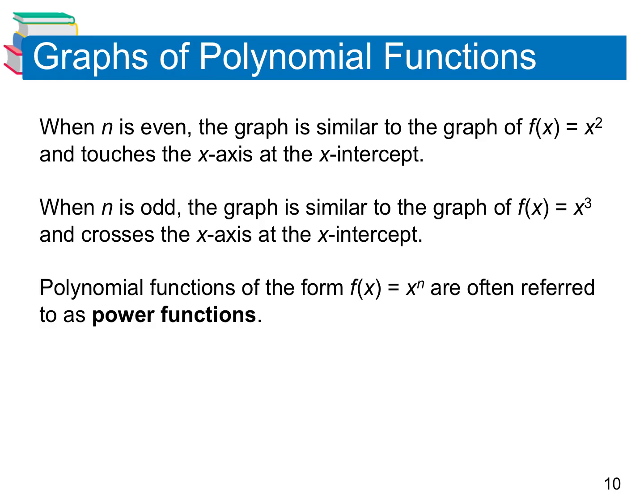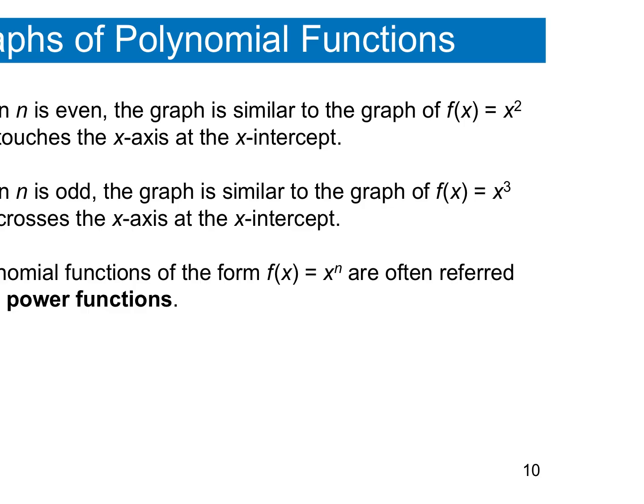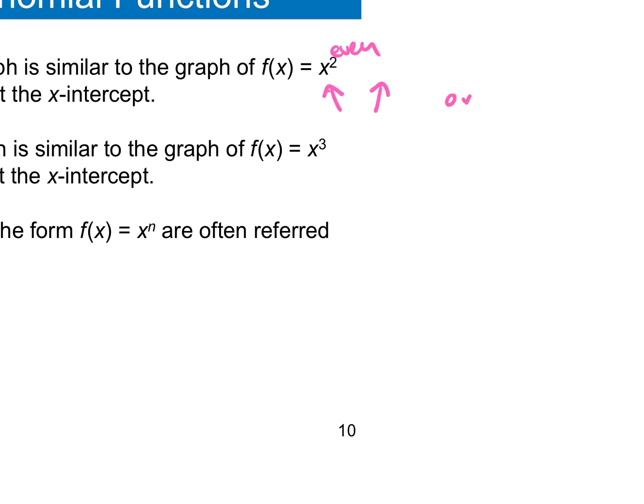Now, depending on what our highest degree of our function is, our graph starts and ends differently. If our graph is even, so if our highest degree is an even exponent, then the end behavior of our graph is going to go either up and up or down and down.